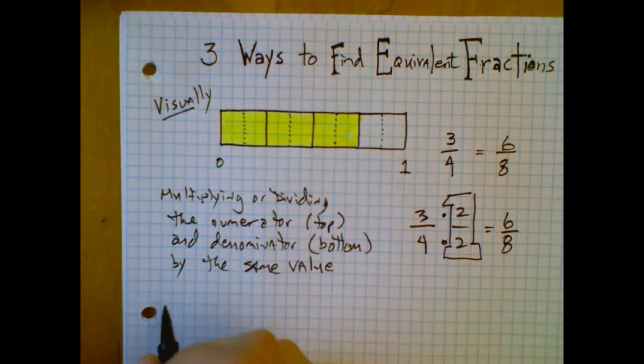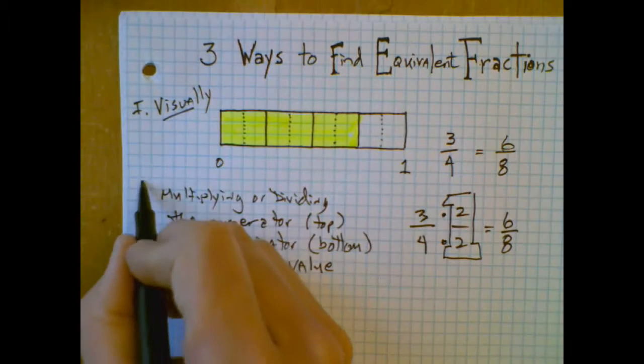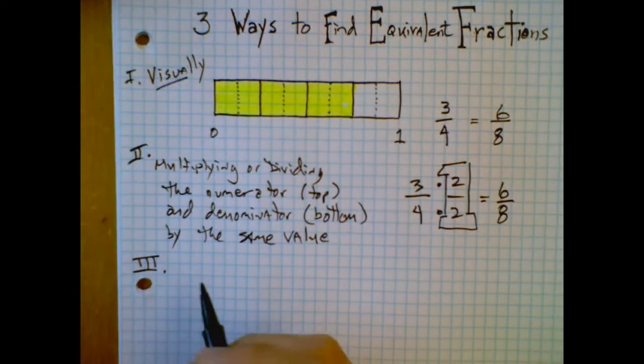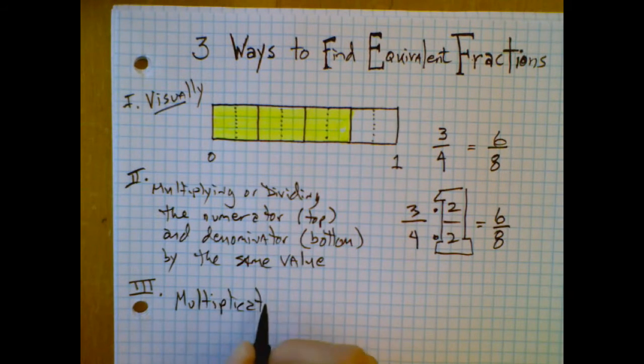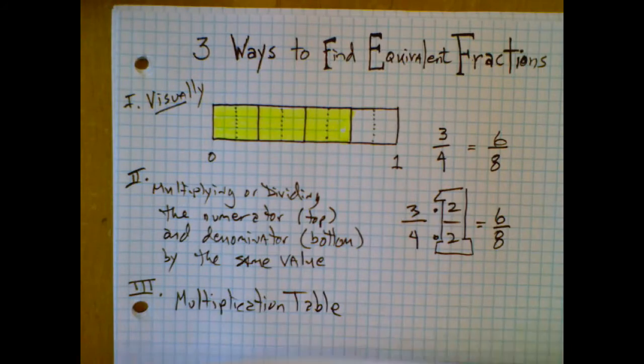The other way is using, so this was way 1, right? This is way 2. I'll write it with Roman numerals. And so Roman numeral 3. Our third way that we did in class is using the multiplication table. So everyone was handed a multiplication table.